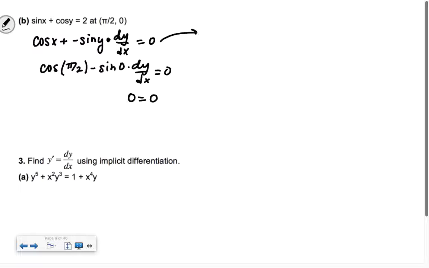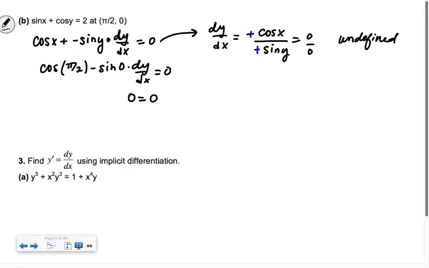If you had solved this one for dy over dx, you would have gotten negative cosine of x divided by negative sine of y. So when you plug it in, you would get 0 over 0. So the slope is undefined.